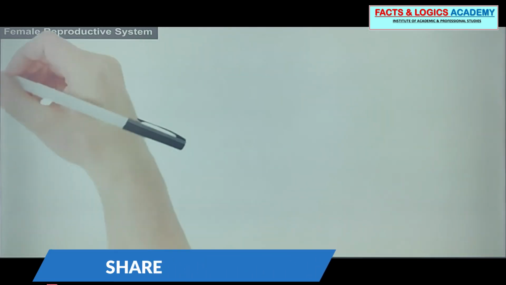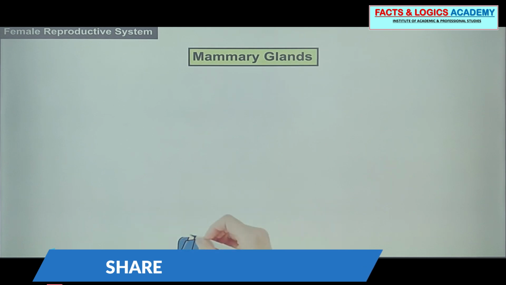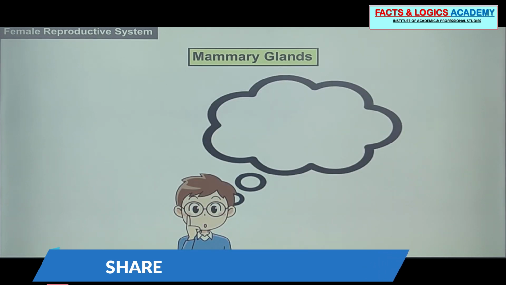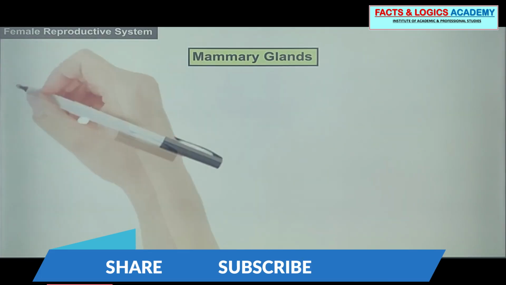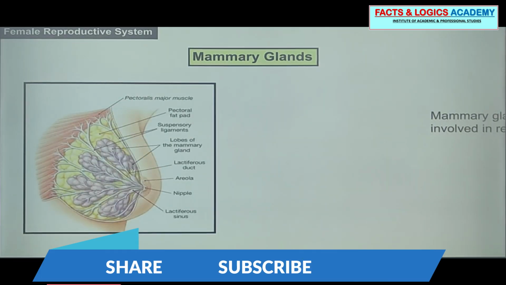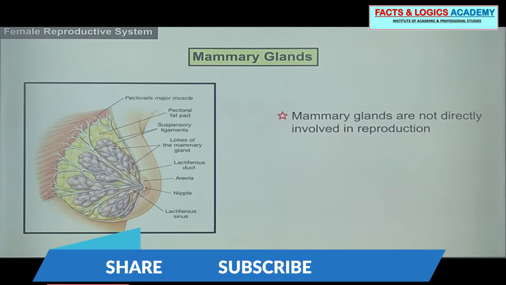Lastly, we will discuss the mammary glands. You must be thinking, if mammary glands are an important part of the female reproductive system, then why is its location different from the other organs? Think about it. Students, let me tell you that mammary glands are characteristic of all female mammals.